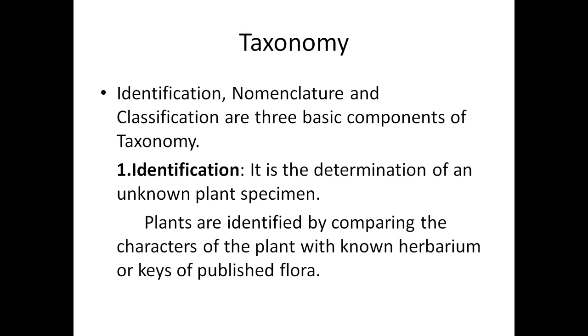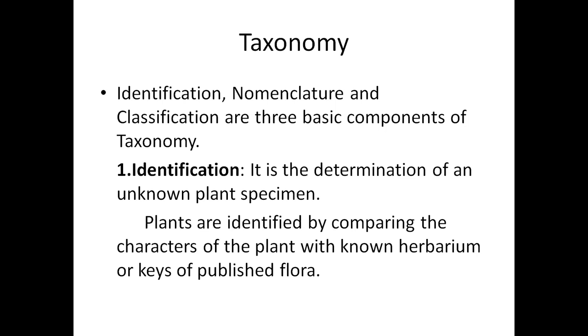So identification, nomenclature and classification are the three basic components of taxonomy. Identification means to identify the plant, nomenclature is naming the plant, and then classification. These are the most important components.